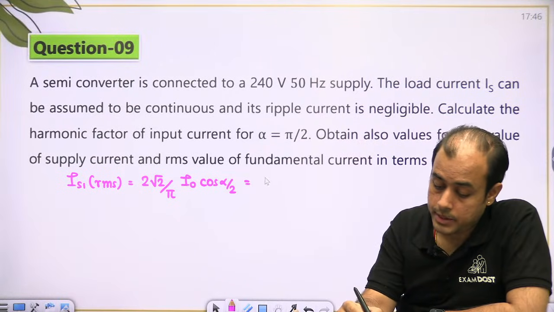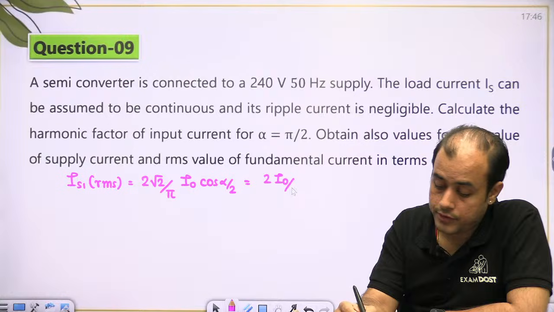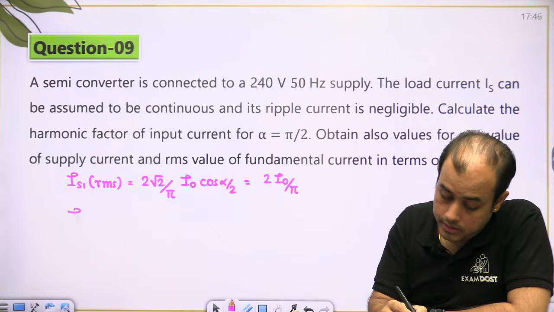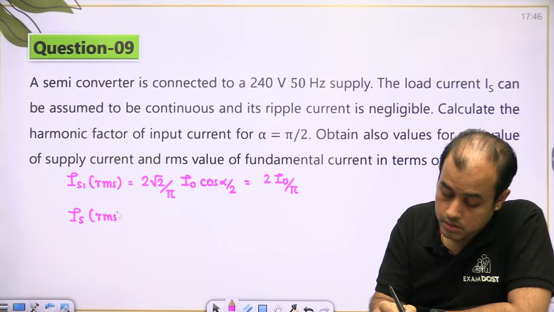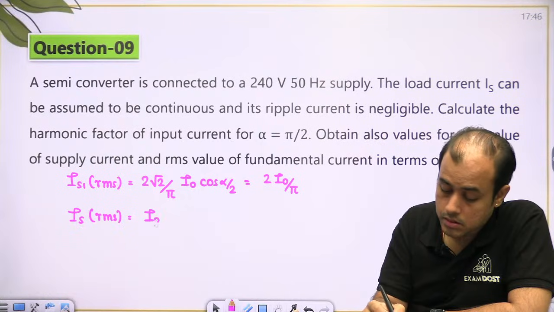It will be cos pi by 4. Cos alpha is pi by 2. Alpha is pi by 2.